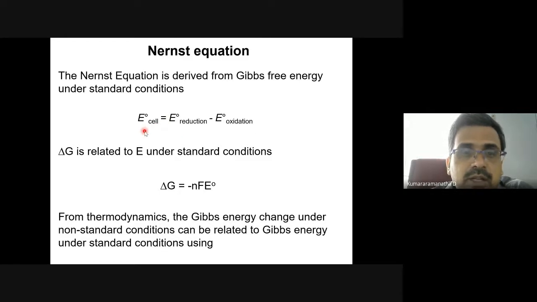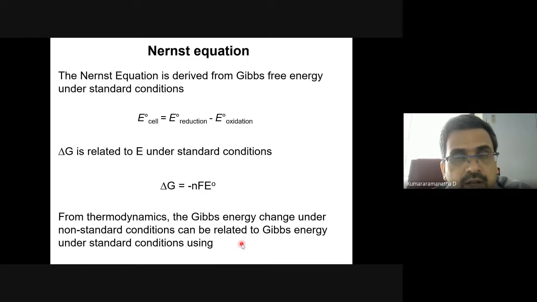You know that E naught of a cell is reduction minus oxidation, or cathode minus anode, and delta G under standard conditions is minus NFE naught. Now just apply this in this expression.